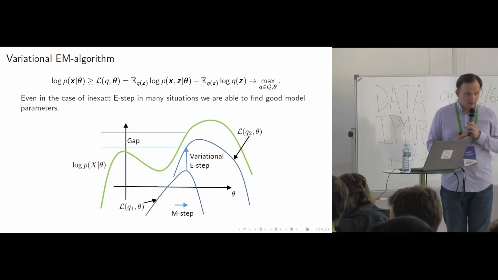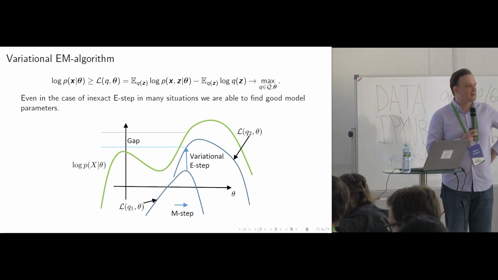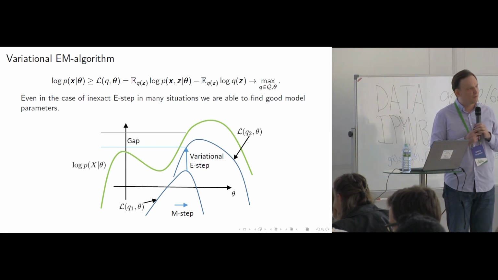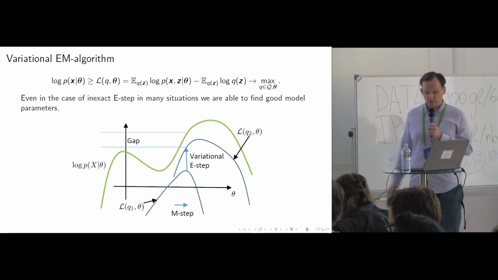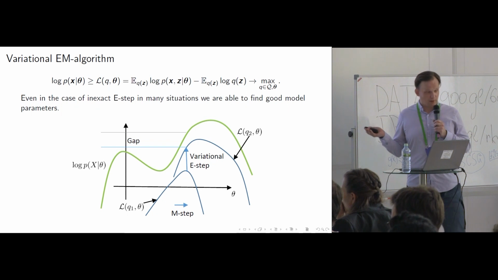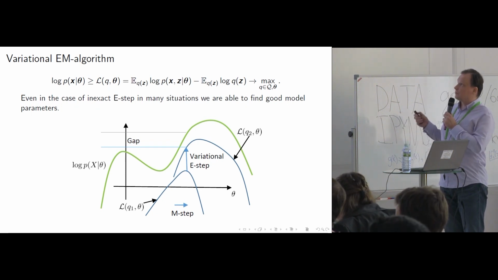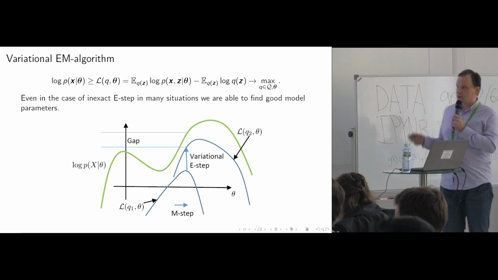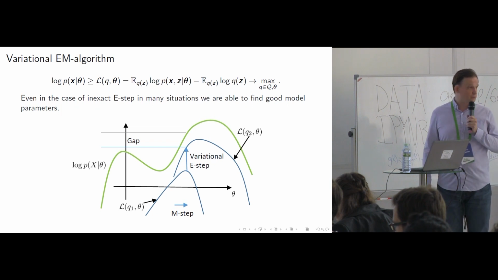Okay, as you remember, the conventional EM algorithm has some guarantees on finding a stationary point of our incomplete likelihood after its iterations. What do we get in the case of variational EM? Again, here is the formulation of variational EM, and here is the picture that you have already discussed for the conventional EM algorithm.